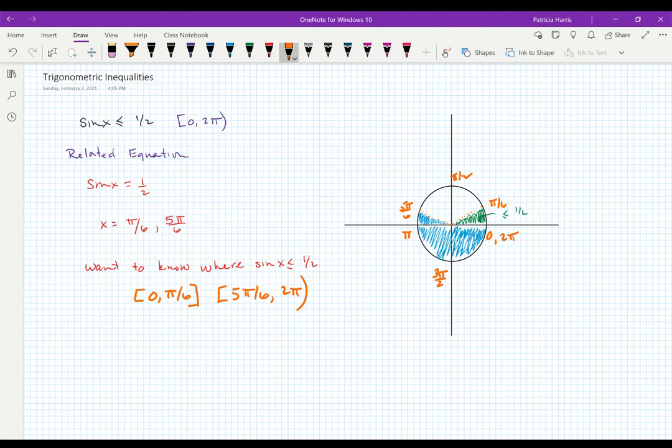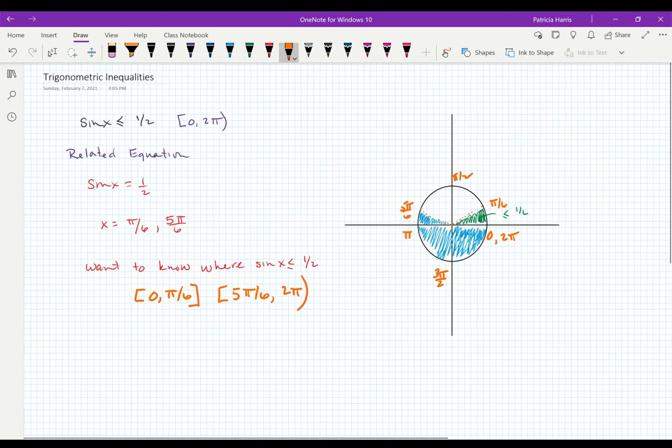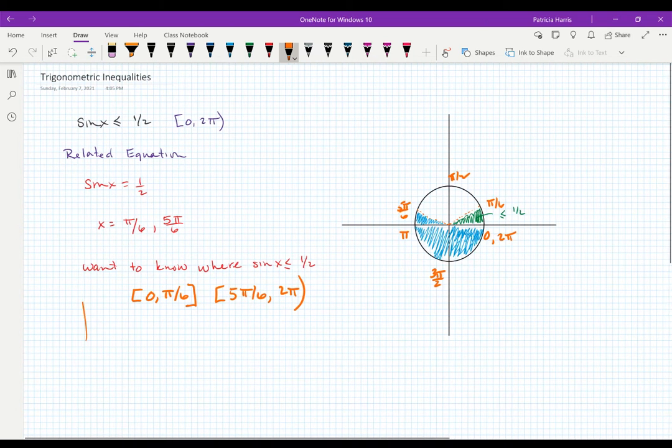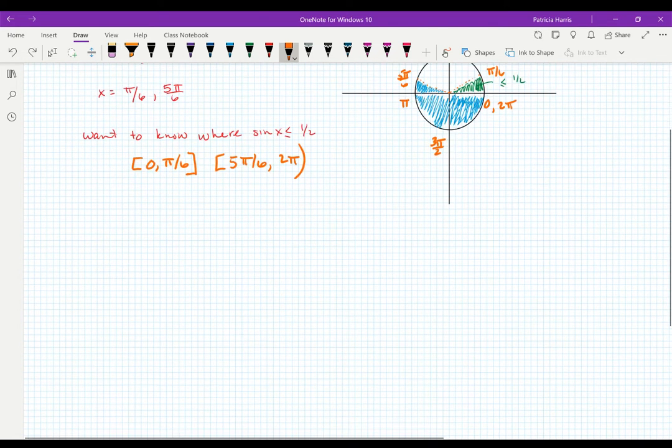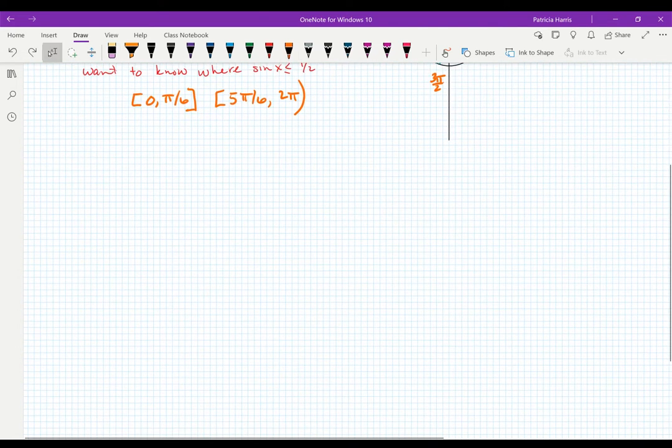Now, you could have done this by graphing it on Desmos. So let's do another simple one and see what happens.